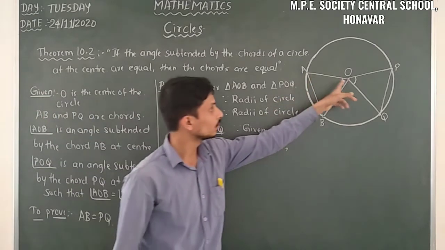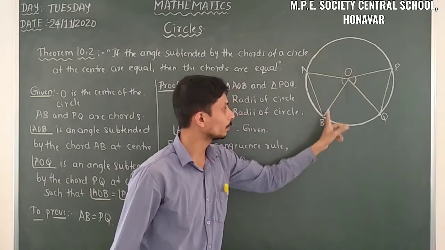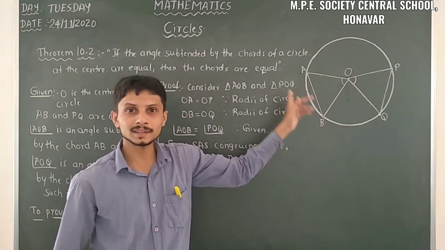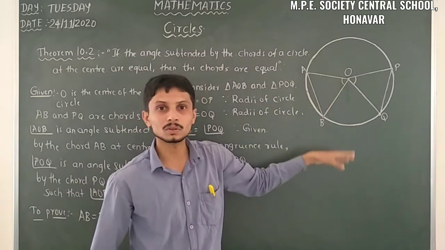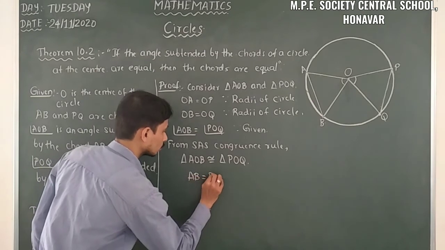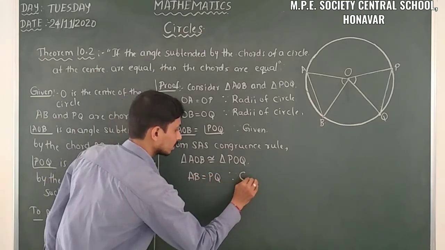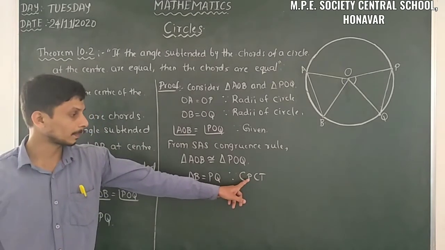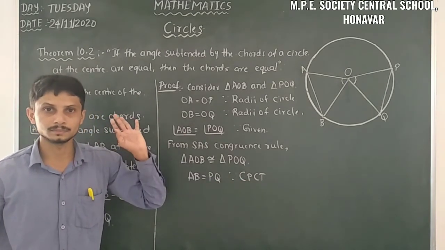So OA and OP, and OB and OQ, those two pairs of radii are equal, and the other side, AB and PQ, are also equal. That is, AB is equal to PQ because they are corresponding parts of congruent triangles.